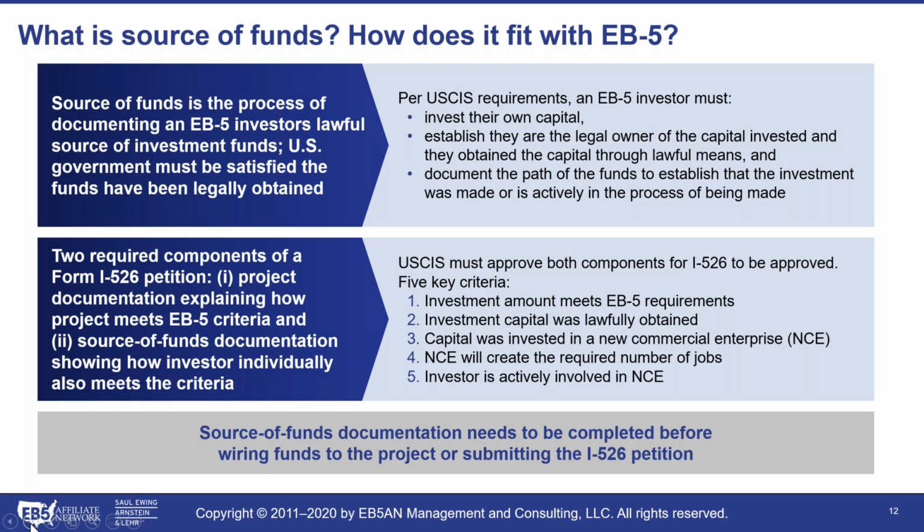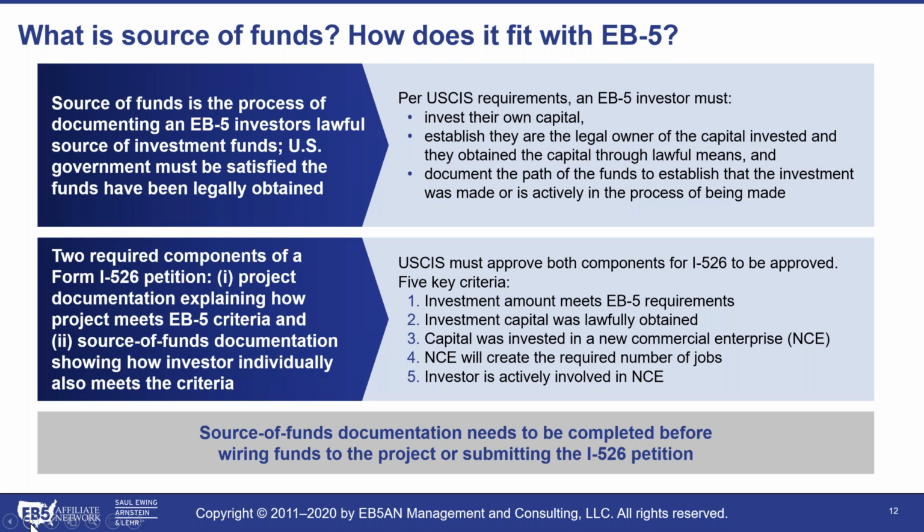And so when you actually go to file the EB5 application, there are two required components that go into the initial filing, which is called the I-526 petition. Part one of that petition is all the project documents explaining how the project meets EB5 rules.